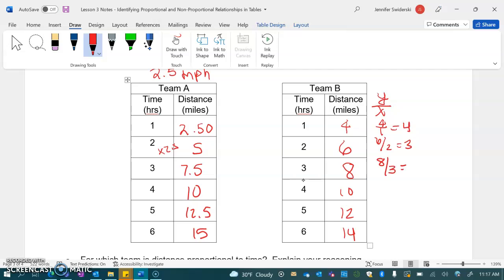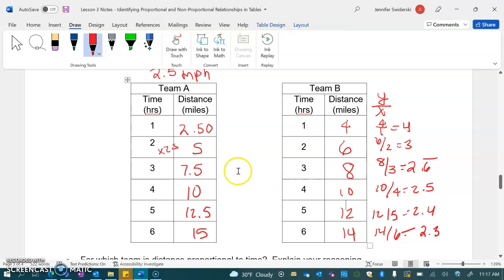8 divided by 3, which is 2.6 repeating. 10 divided by 4, which is 2.5. 12 divided by 5, which is 2.4. We can see none of these are equivalent. 14 divided by 6, you get 2.3, right?